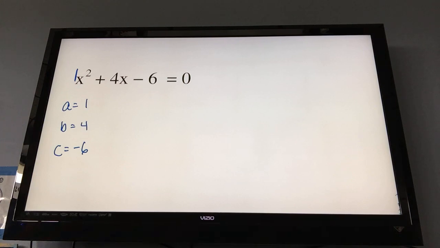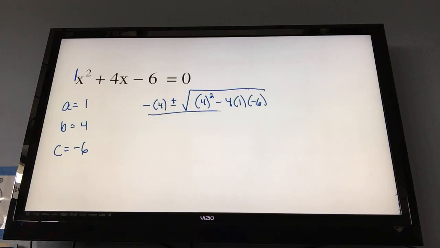So I have negative B plus or minus the square root of B squared minus 4 times A times C, over 2 times A.